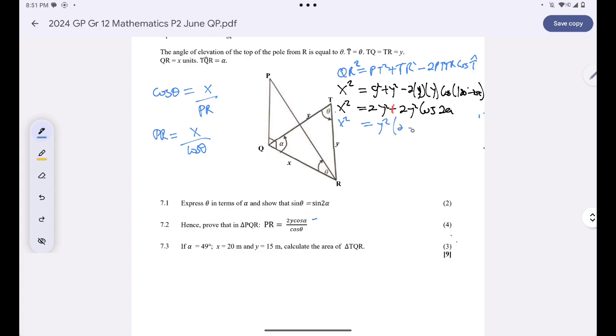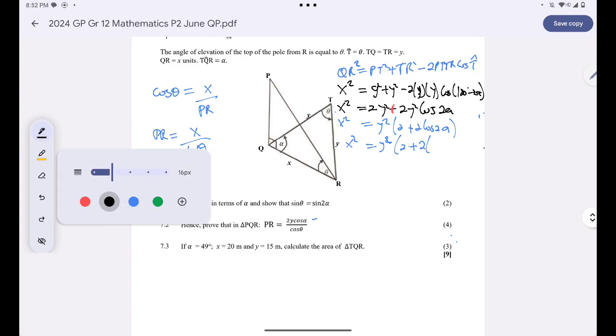I'll be left with 2 plus 2 cos 2a, not theta. Okay, cos 2a is a compound, is a double angle, right? Which can be expanded as 2 multiplied by 2 cos squared a minus 1.